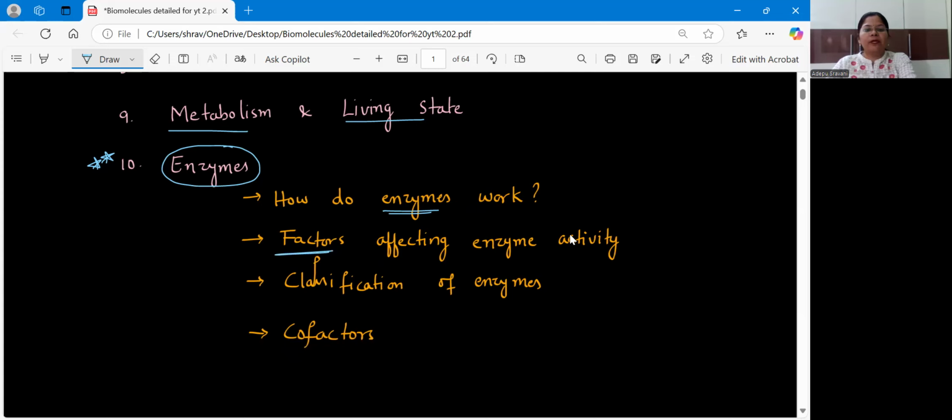After that, we'll be discussing the classification of enzymes, the different types of enzymes. And at the end of the chapter, we'll be discussing cofactors. Cofactors is also very, very important from the exam point of view. Definitely one question will be asked from the cofactor concept. So these are the contents of this chapter.